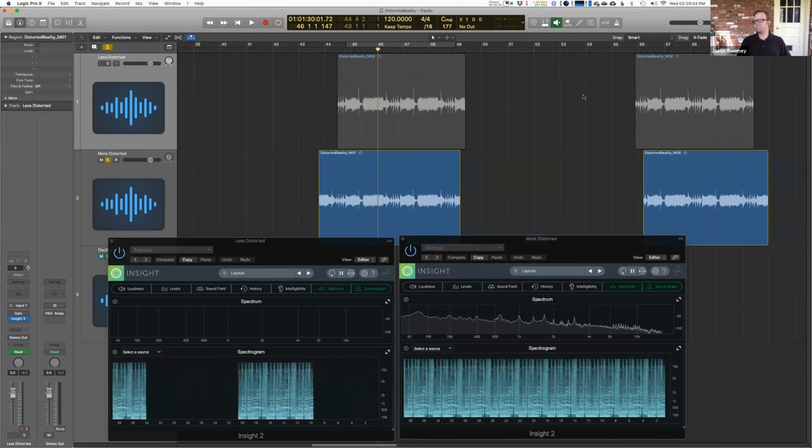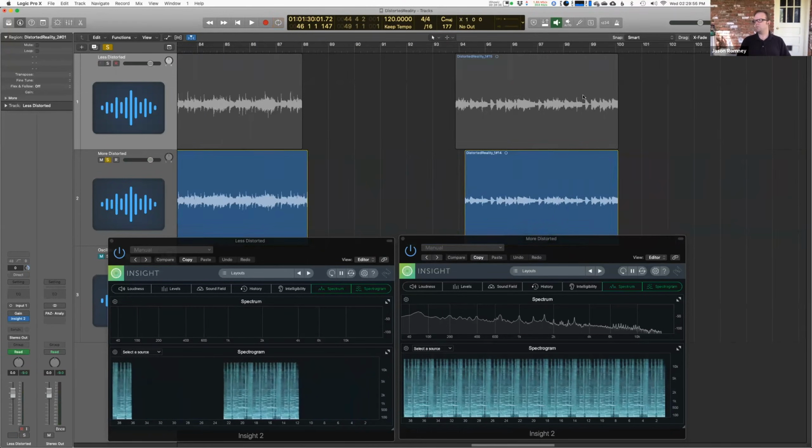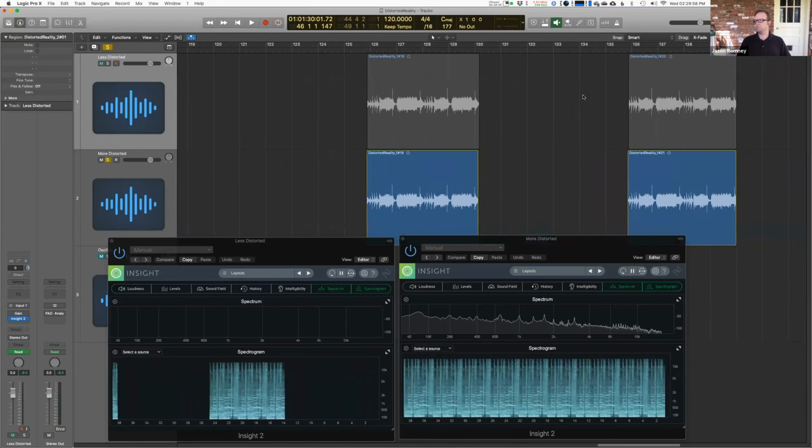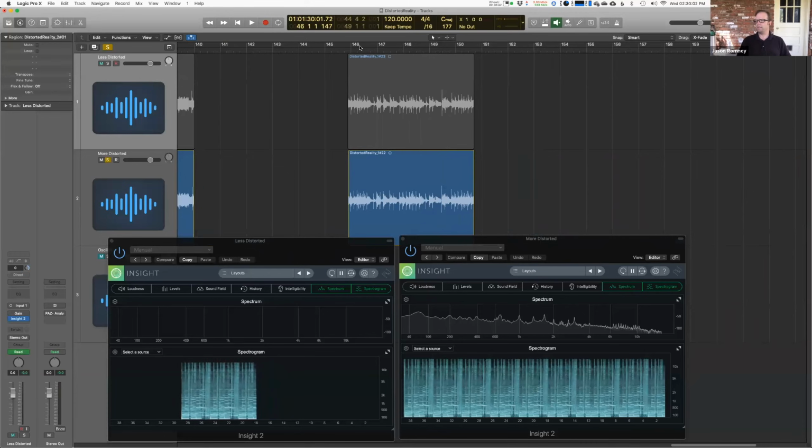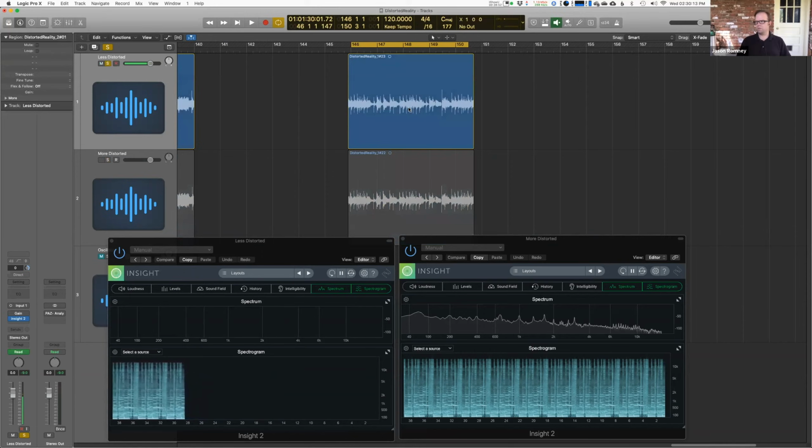All right, I'm going to skip to the last one here. This would be like the stage 12 sample of level 27. Okay, so I'll solo the less distorted one, and let's just look at the graphs.